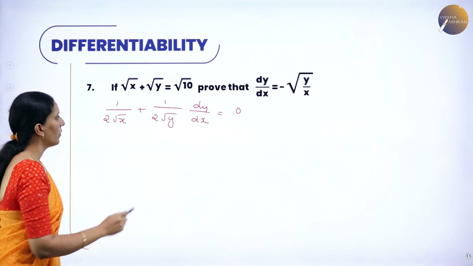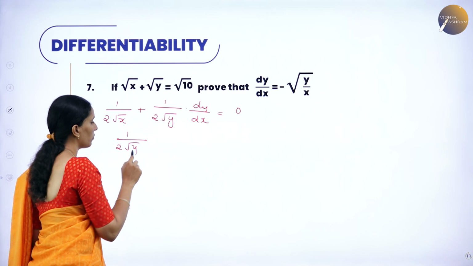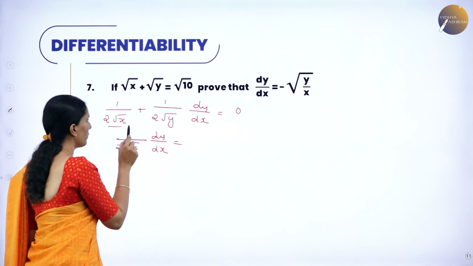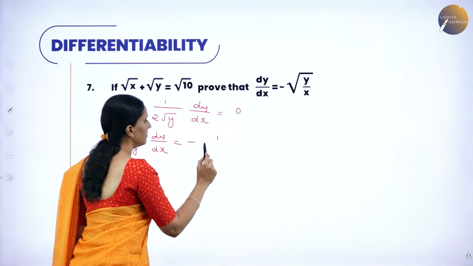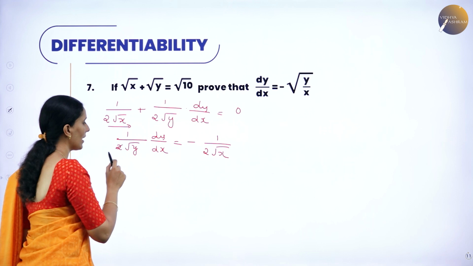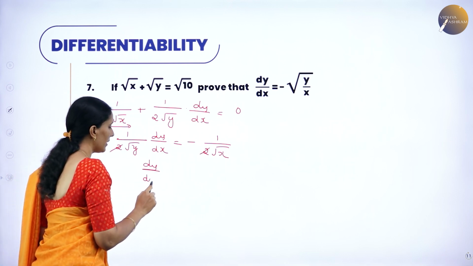So now we can write here 1 divided by 2 root y dy by dx is equal to, when you shift that side, it becomes minus 1 over 2 root x. We can cancel 2 here. So we can write dy by dx.